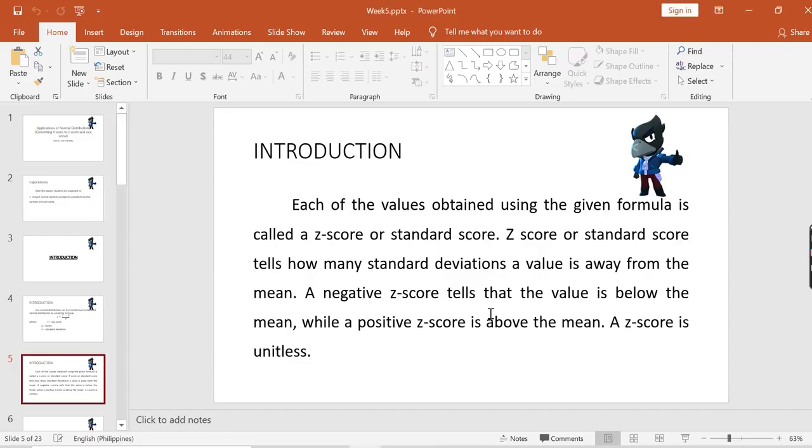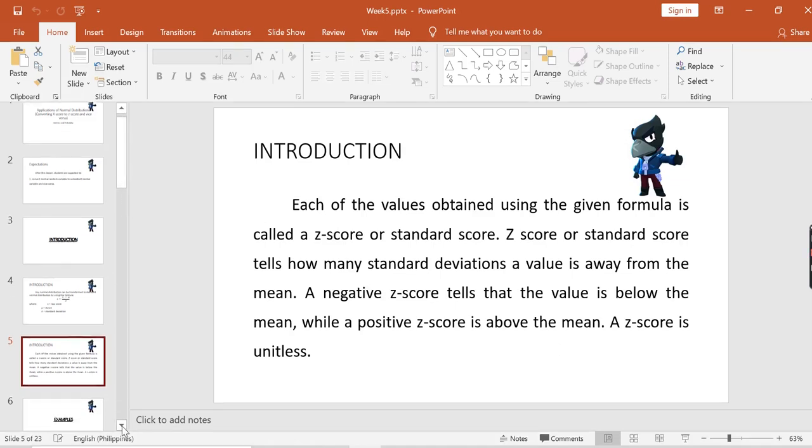A negative z-score tells the value is below the mean, that's why it's on the left. A positive z-score is above the mean, that's why it's on the right. A z-score is unitless, meaning it has no unit like centimeter, decimeter, or kilometer.